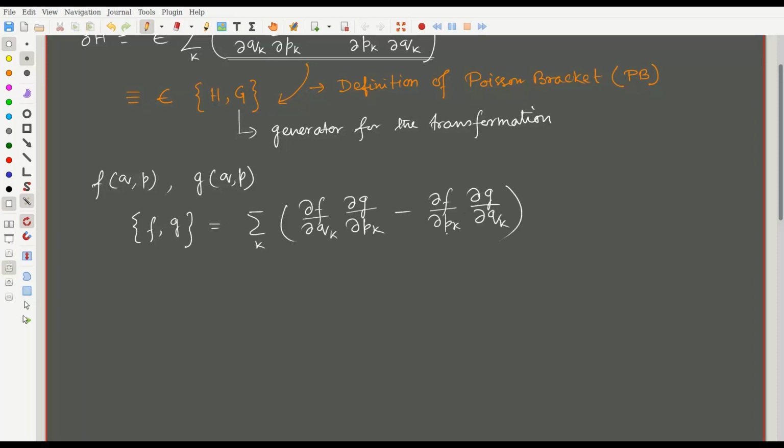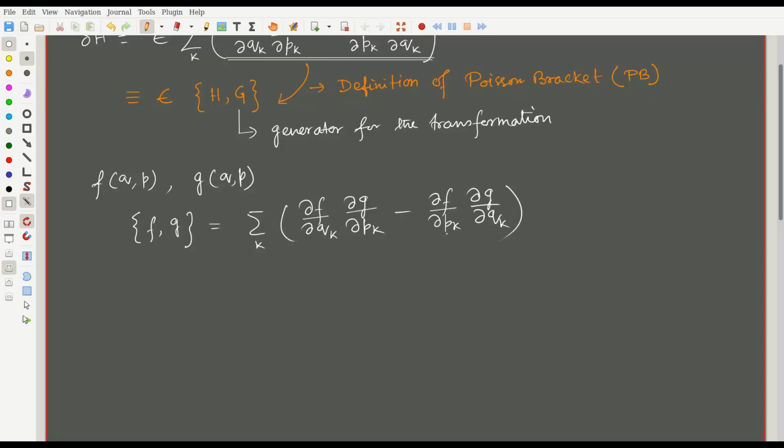All right, so just be watchful that in some texts the roles of Q and P are interchanged. So in those books the Poisson bracket is defined to be the negative of what I have defined. Physics will not depend on that. I like to keep it this way, so Q first and then P. Okay.